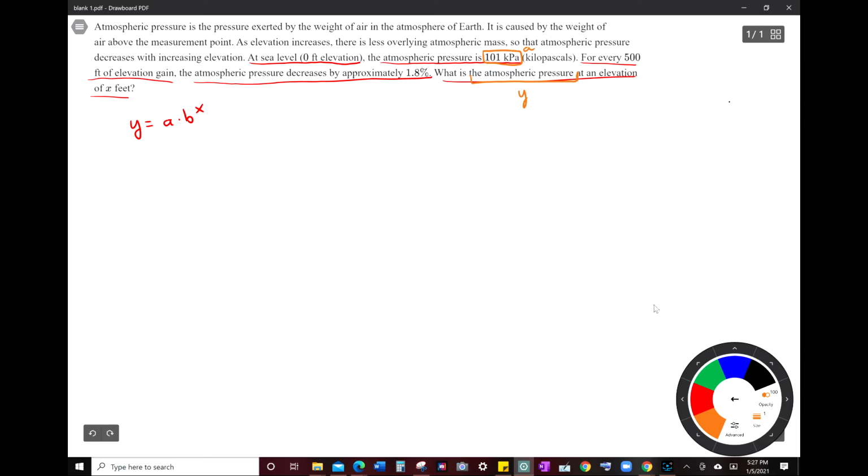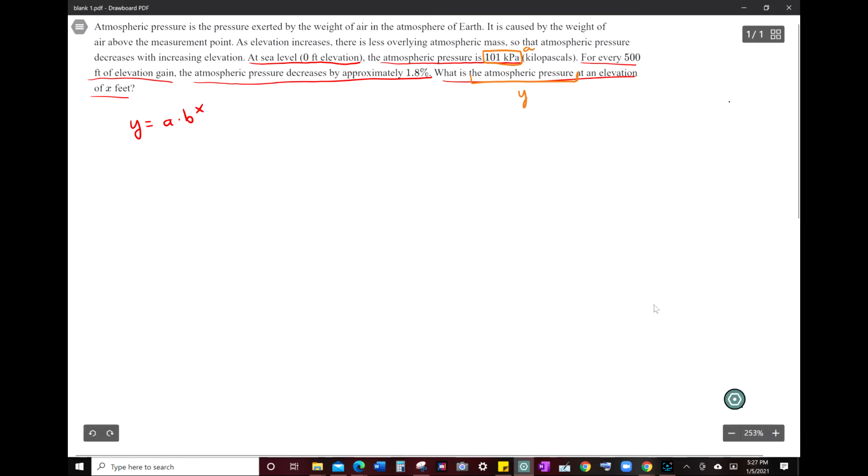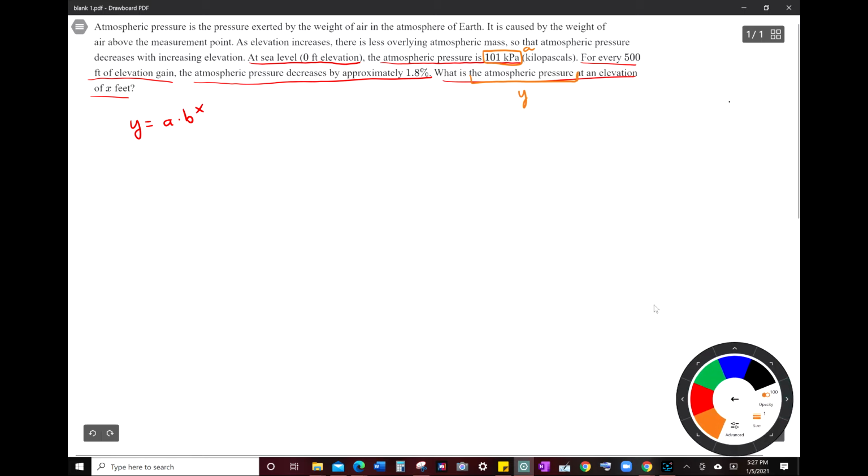For b, it seems like we already have it because we know the rate is 1.8%. We take 1.8 divided by 100, which equals 0.018 for the rate.